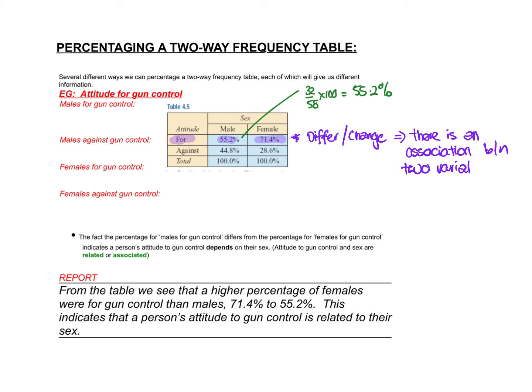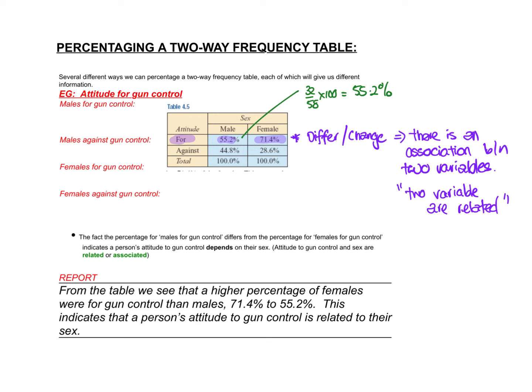We might even say, or they might even say, that they're related. So the two variables are related some way. So sometimes they use the word related, sometimes they use association.